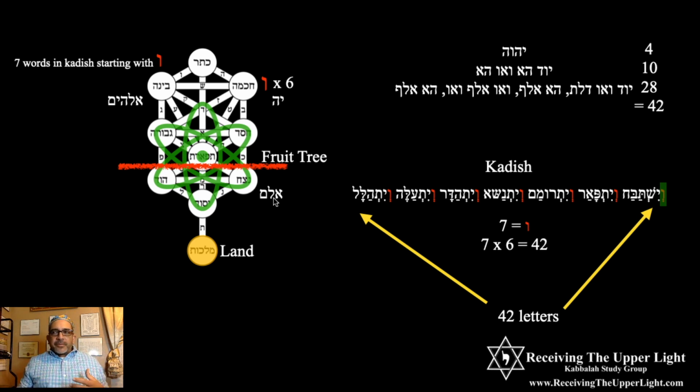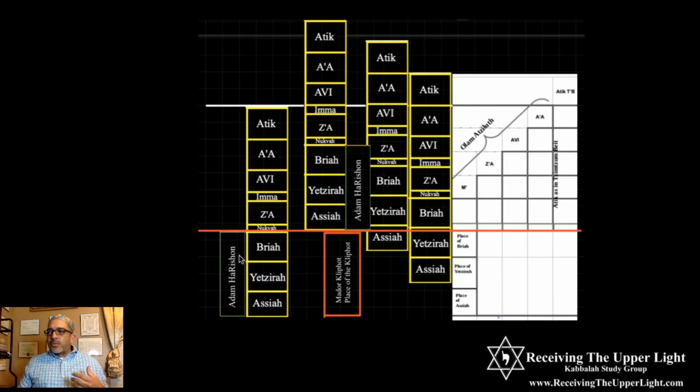That's what we're trying to fix, so we can go back to the state in which we were back again in the Garden of Eden, receiving the light directly from the Creator.